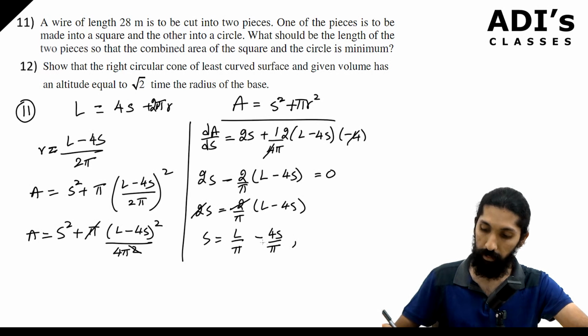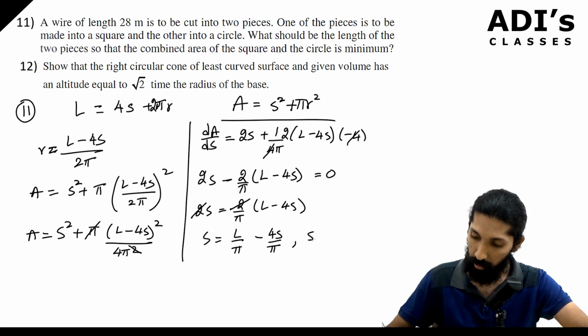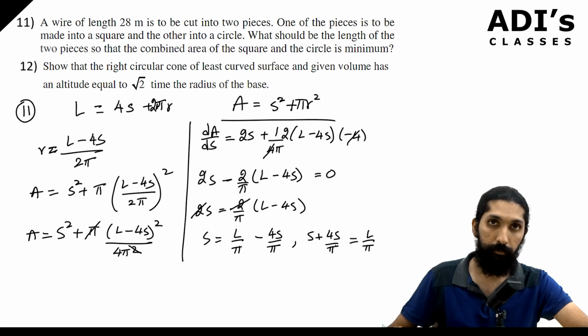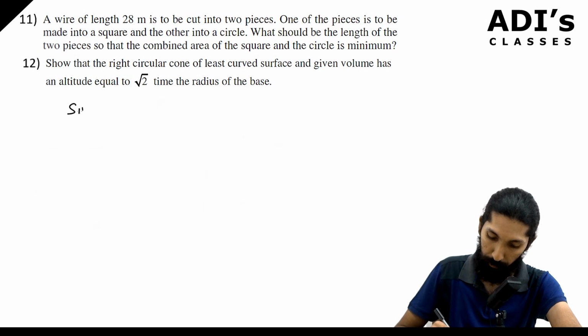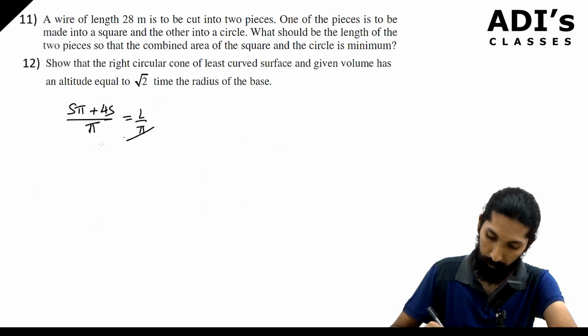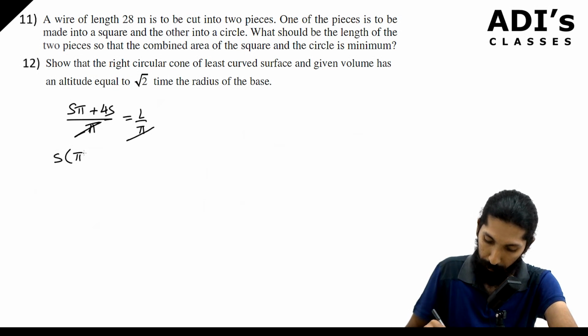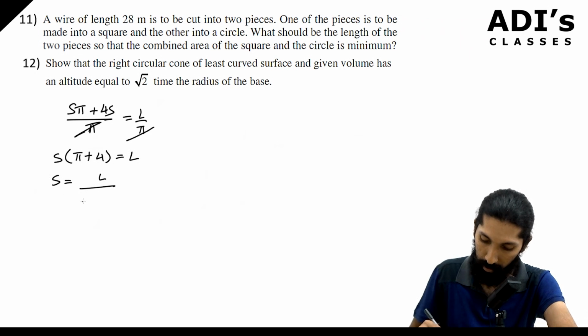Now, take the 4S by pi to the other side. So you will have S plus 4S by pi is equal to L by pi. Take the LCM. You get (S pi plus 4S) by pi is equal to L by pi. Cancel off the pi. So you have S into (pi plus 4) is equal to L. S is equal to L divided by (pi plus 4).